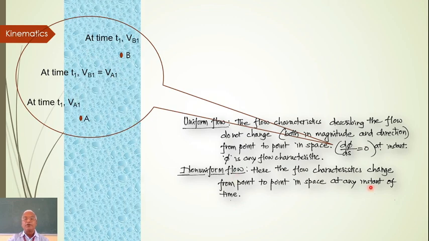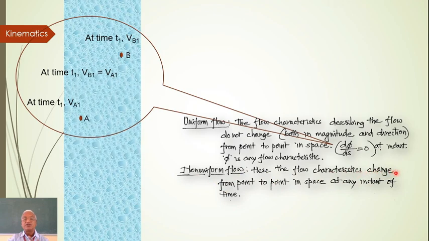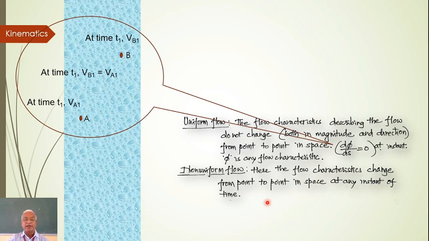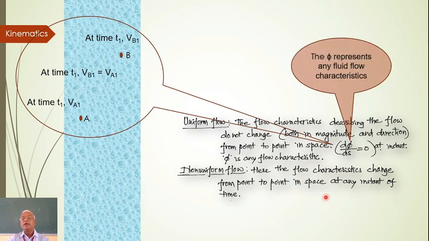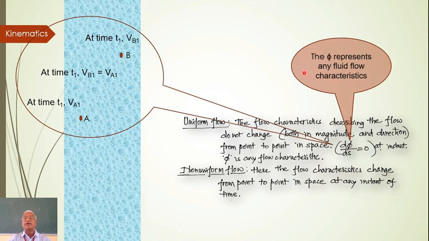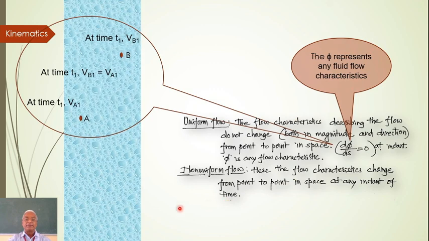Otherwise, it is non-uniform flow. In non-uniform flow, the flow characteristics change from point to point in space at any instant of time. Okay, the phi represents any fluid flow characteristic like velocity, pressure, density, etc.